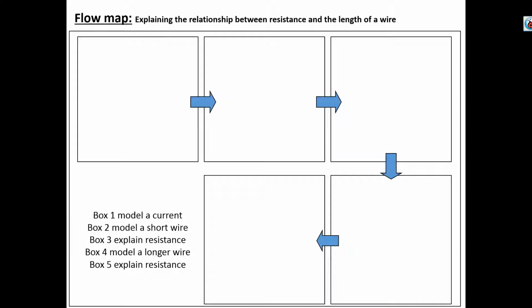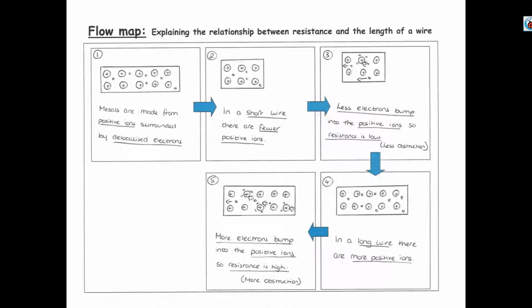Box 1, model what current looks like in a wire. Box 2, model a short wire, and box 3, explain the resistance in a short wire. Box 4, model a longer wire, and in box 5, explain resistance in a longer wire, how it's different to a shorter wire. Pause, have a go. And there are your answers.